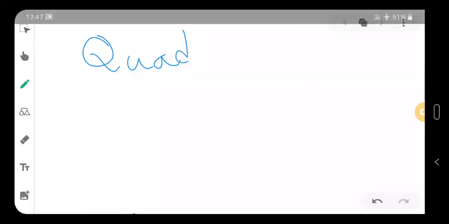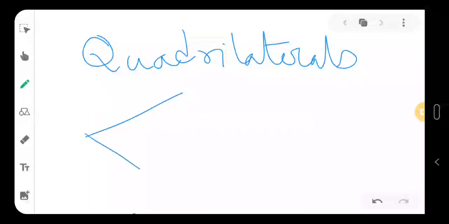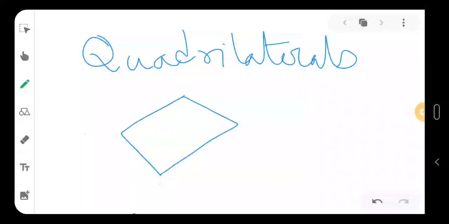So we know that quadrilaterals are those shapes that are made with four straight lines or line segments, you can better say. The condition is that it has to be a closed shape.